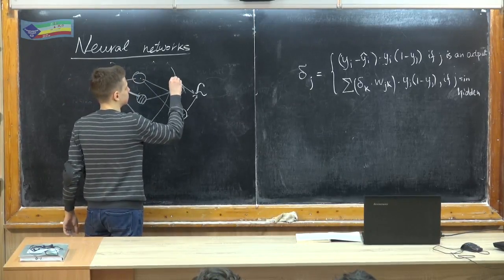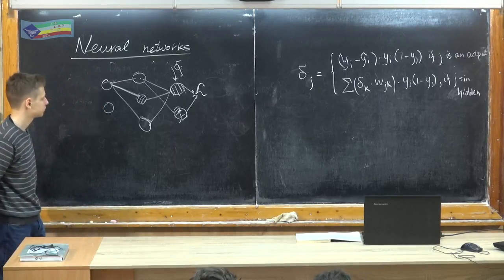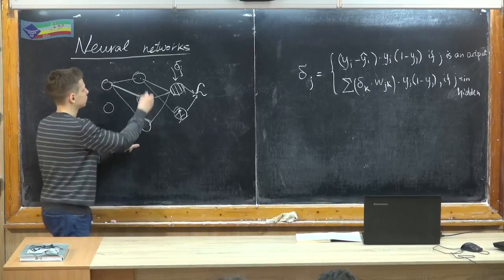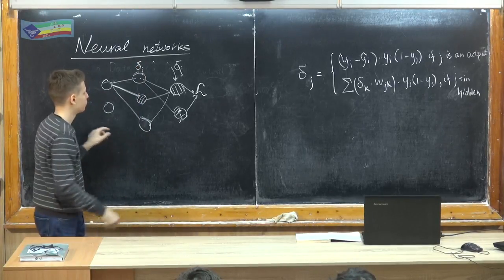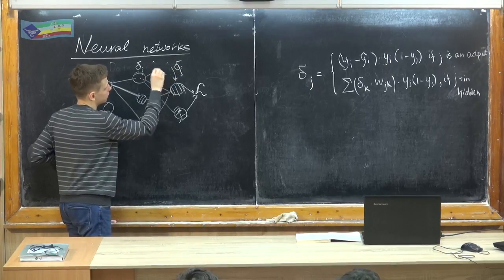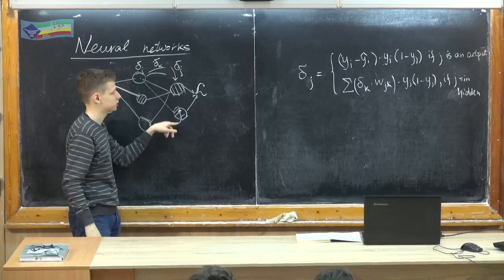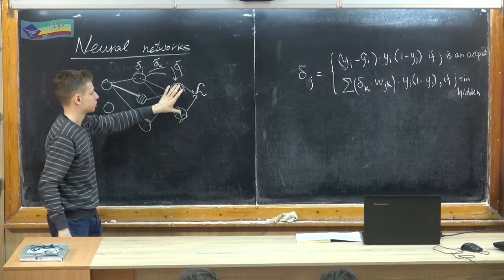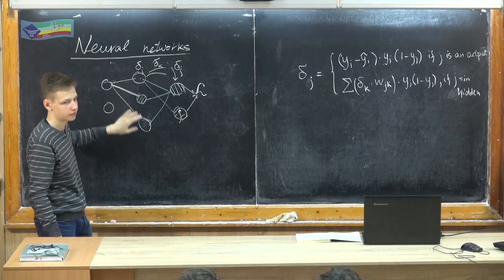So for this layer we calculate delta j. And then, with respect to this layer, if we want to calculate its delta j, we need to treat this delta j as delta k. So now, after we've calculated this delta j, we are using this result to calculate it recursively in this layer.